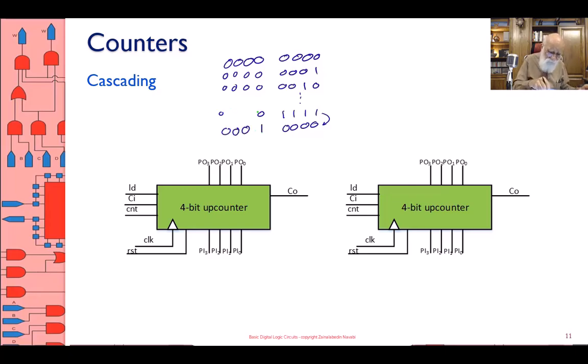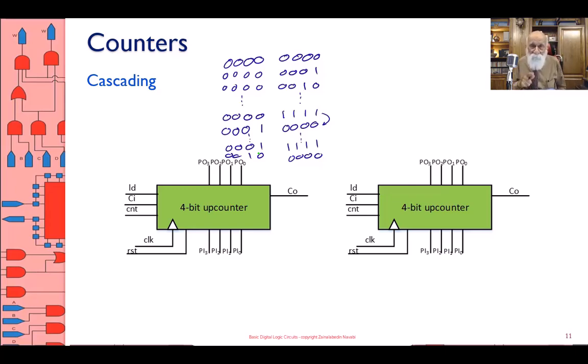It just woke up, counted one position, and then it's dormant again until the next time this reaches 1, 1, 1, 1. Then this is still 0, 0, 0, 1, but after that this becomes 0, 0, 0, 0 and this becomes 0, 0, 1, 0.